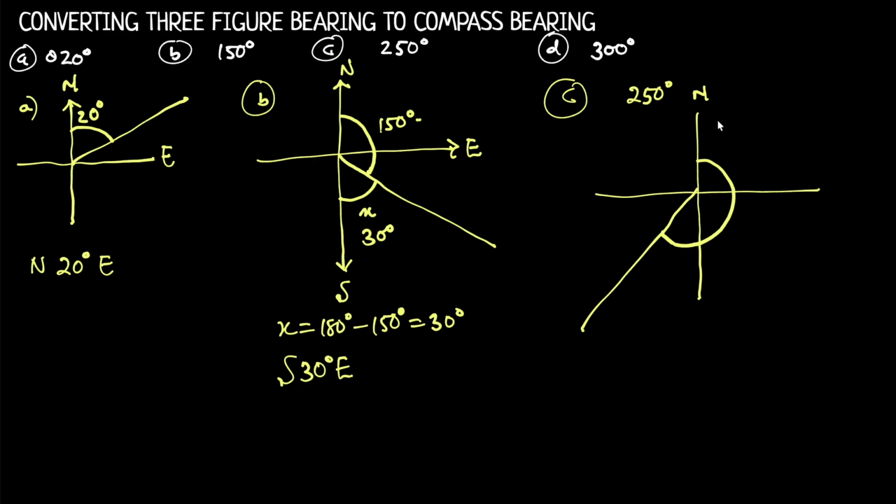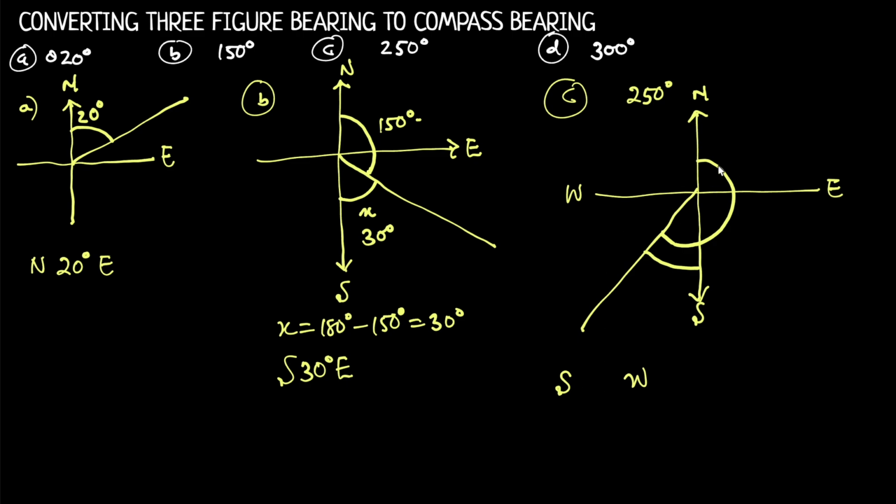So let's put the cardinal points south, west, and east. For this reading, we need the angle here, since our compass bearing only takes the angle that it makes with the north-south line for its reading. So clearly we know that it is between the south and the west. So we just need the angle in between.